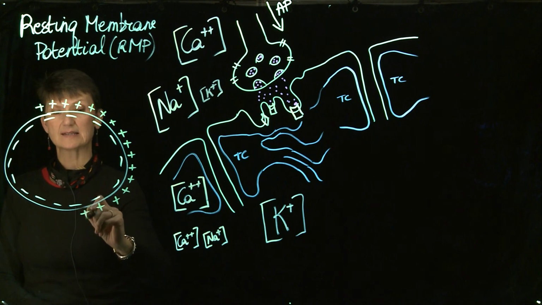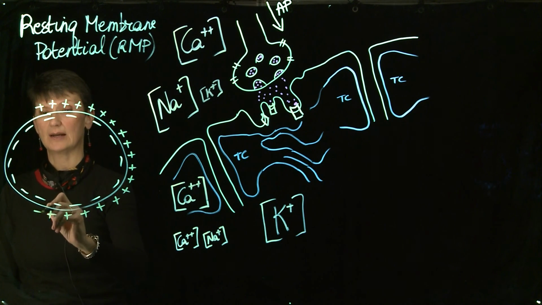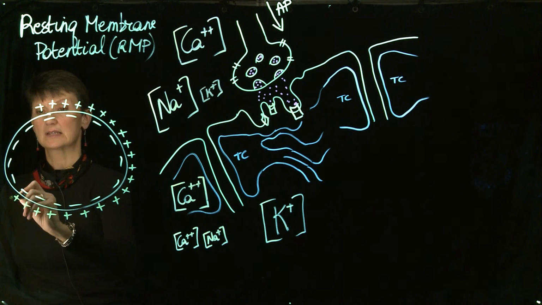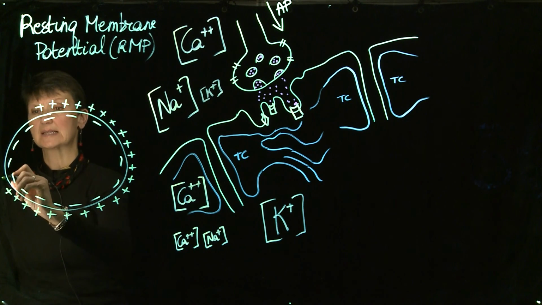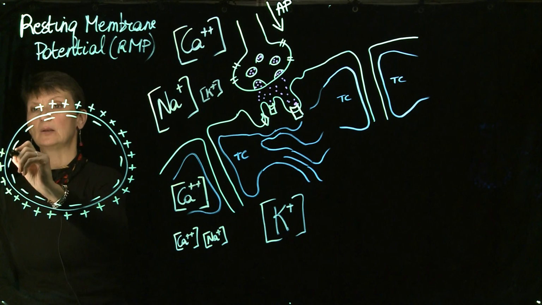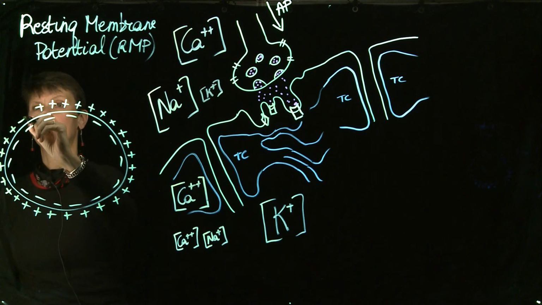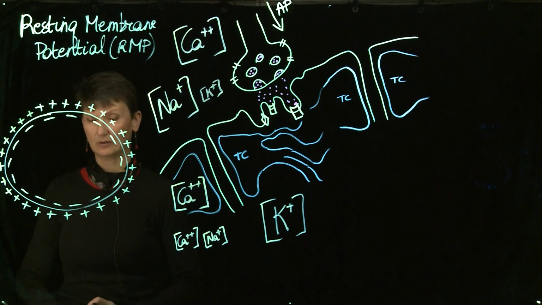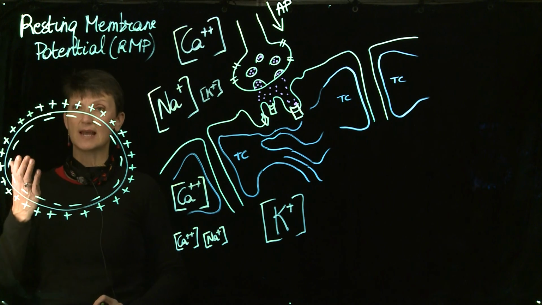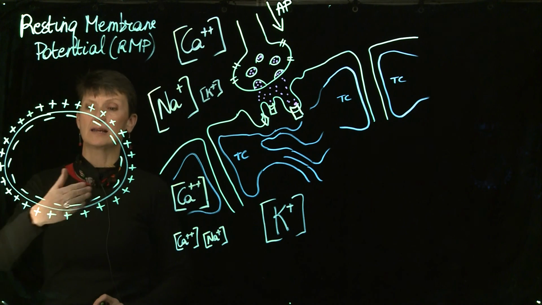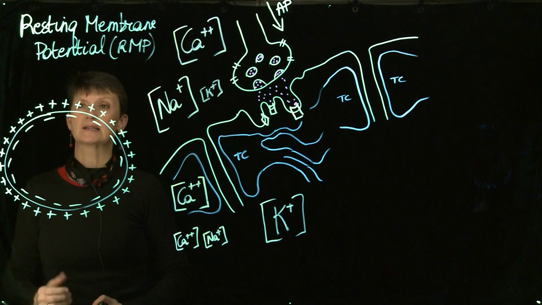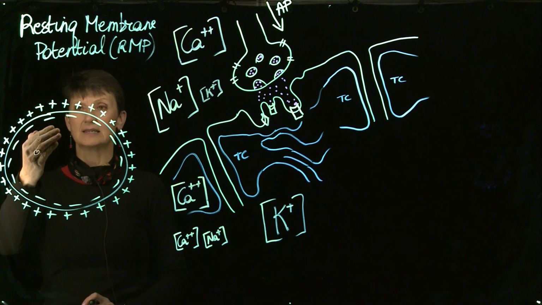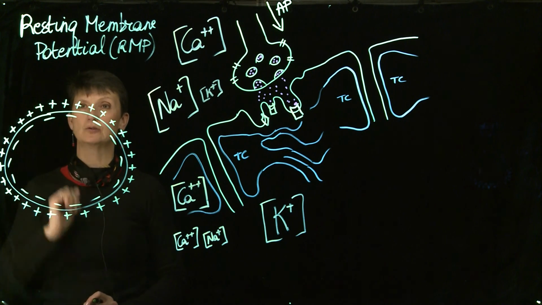So when a cell is at rest, any cell in the body, it is not disturbed at all, it is not being stimulated at all, then we see that the inside is less positive compared to the outside. And notice I'm using minus signs to reflect that the inside is less positive compared to the outside.